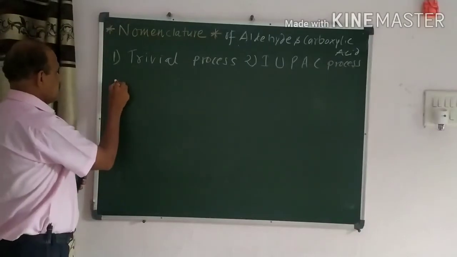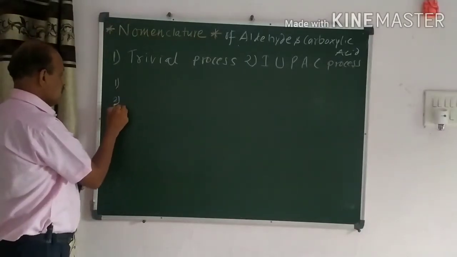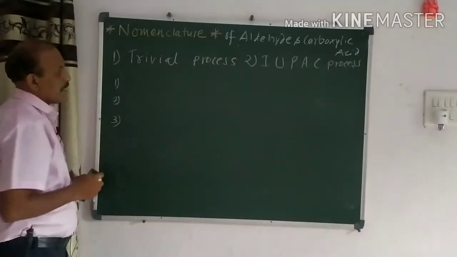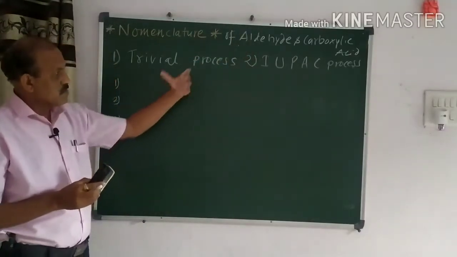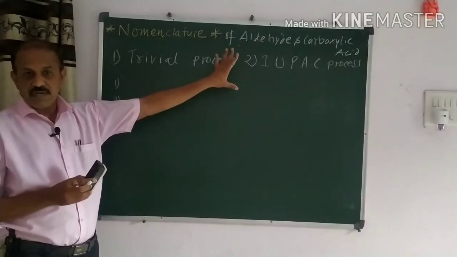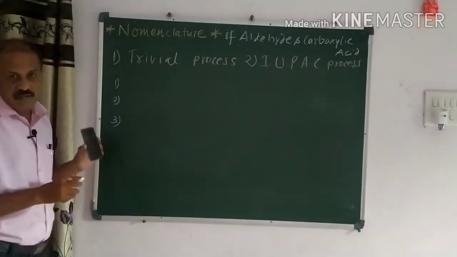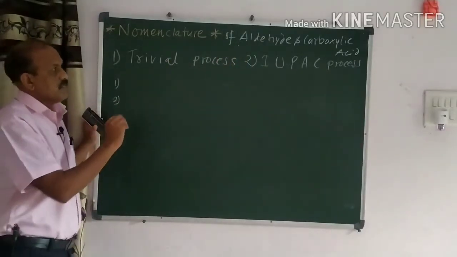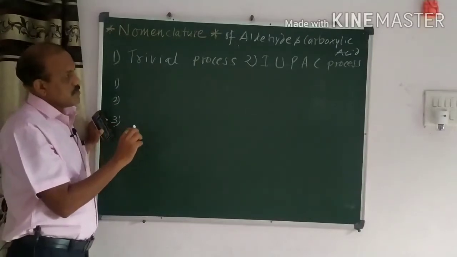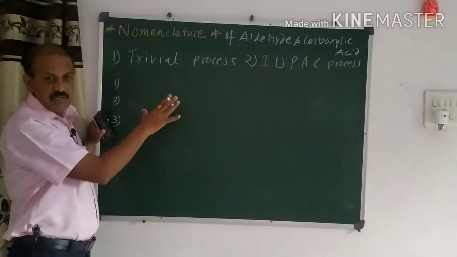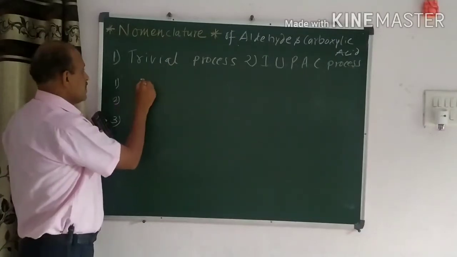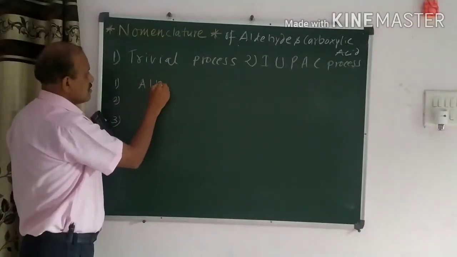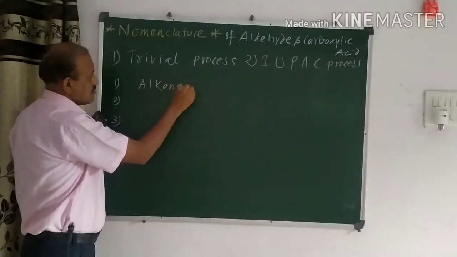Very interesting rules we have to discuss. Now see here, if I take the aldehyde and we have to give the IUPAC name to this aldehyde, first we have to predict the corresponding alkane of the aldehyde. That means we take the corresponding alkane which is present in the compound.